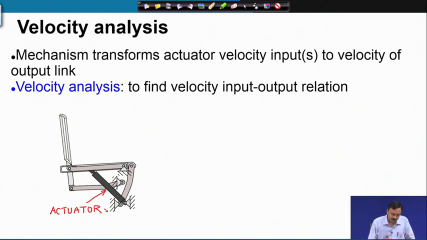Now, the problem is, if I want to have a certain velocity of transfer, then what should be the expansion rate of this actuator? So, rate of change of length of this actuator, how does it relate to the rate of movement of the chair from the sitting to the standing position?